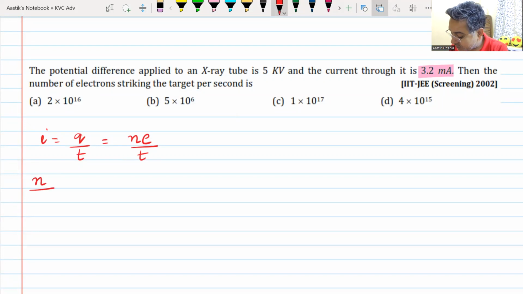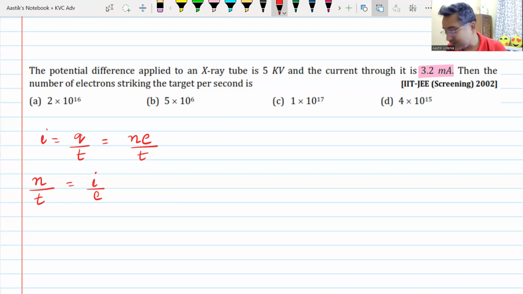So number of electrons per unit time, N by t, is simply I by e. You just have to divide I by e. What is e? Small e, 1.6 into 10 to the power of minus 19. That was what you had to do.